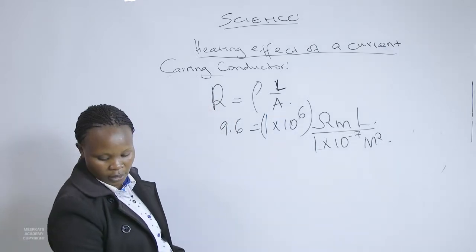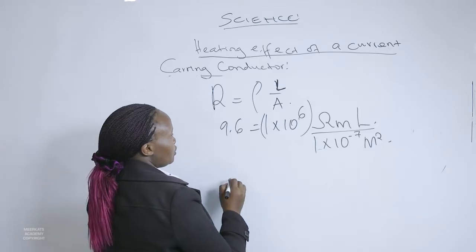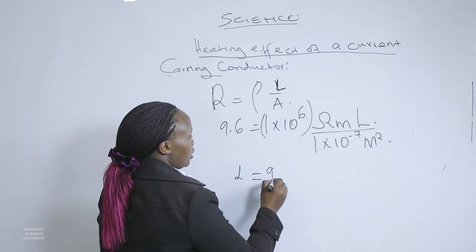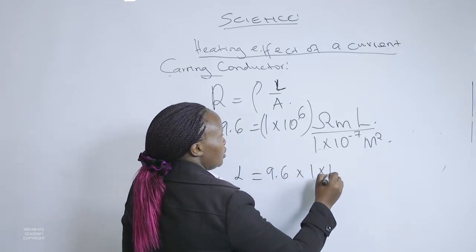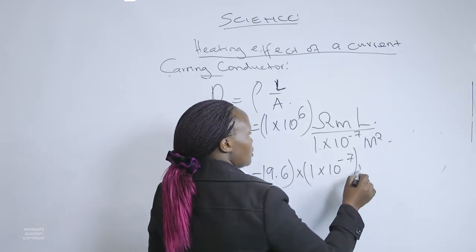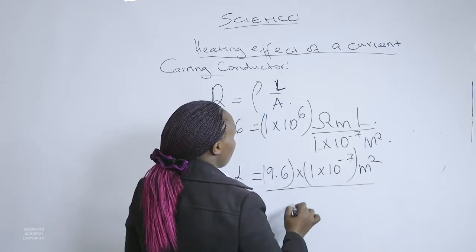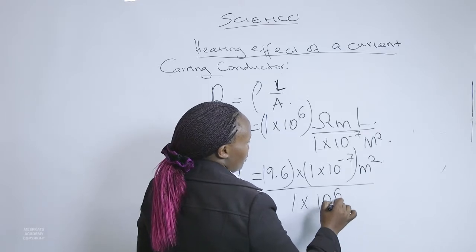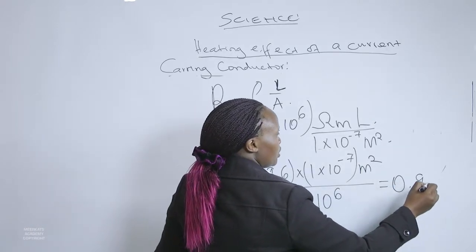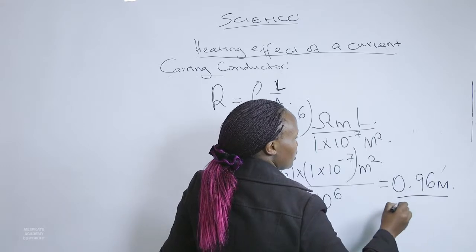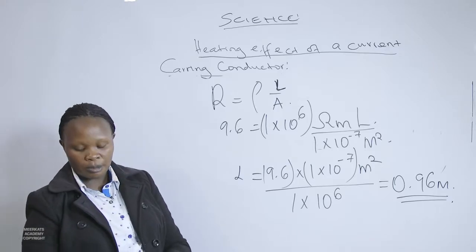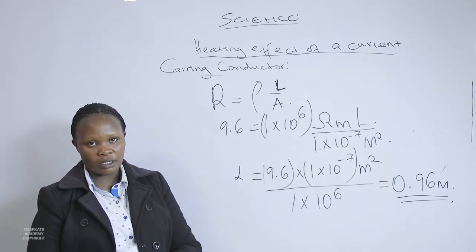And once we work that one out, we are left with length being equal to 9.6 times 10 to the power 7 meters squared, divided by 1 times 10 to the power 6, and that gives you a length of 0.96 meters.